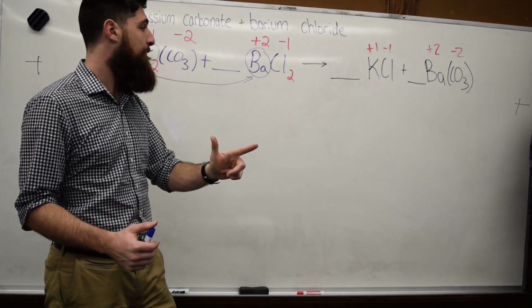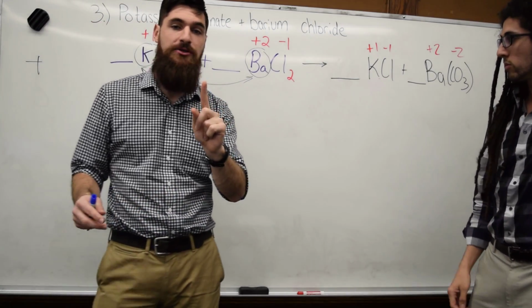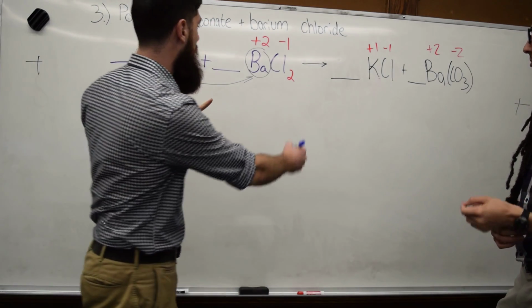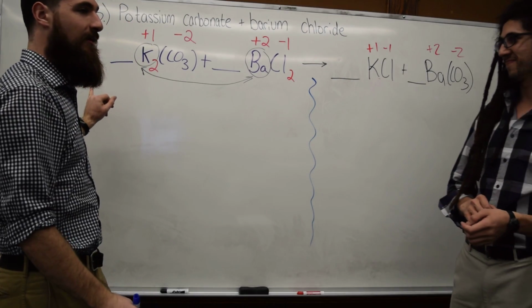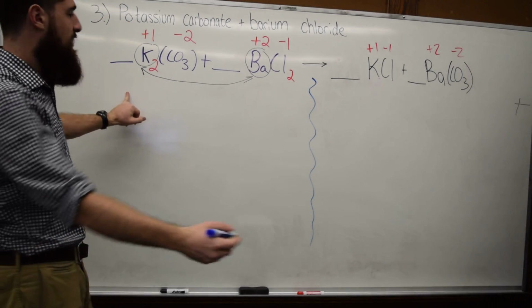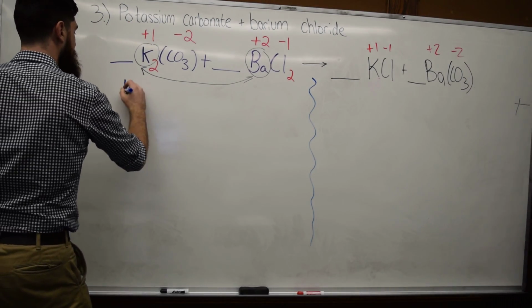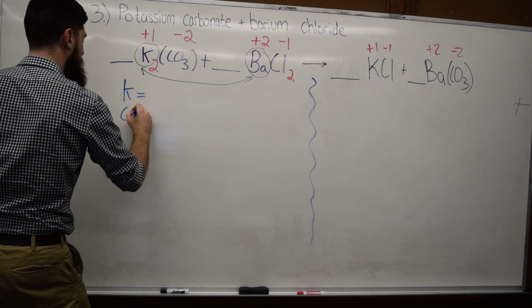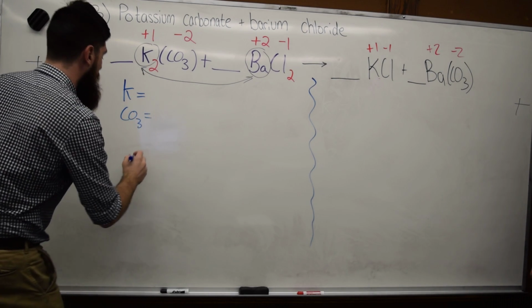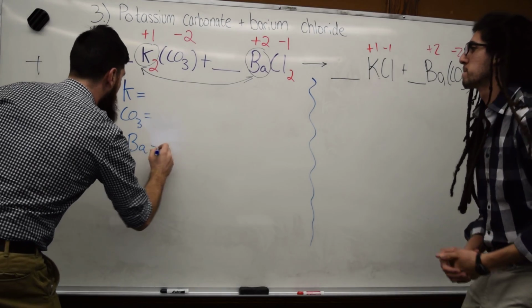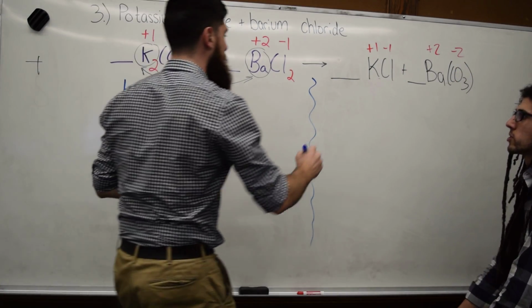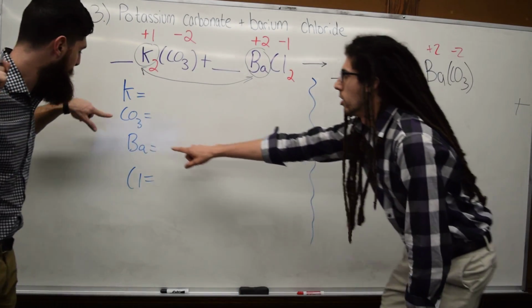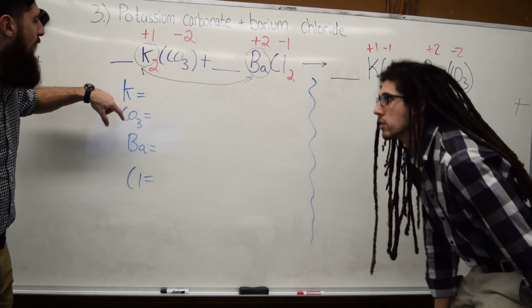The last step is you need to balance your reaction, okay? Let's do that now, starting with our reactants. First thing we're gonna do is list all of our components. We've got potassium, carbonate, barium, and chlorine. Wait, Mr. Smith, why did you keep CO3 together?